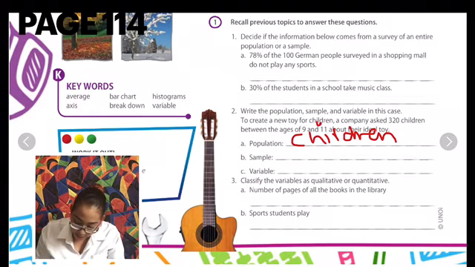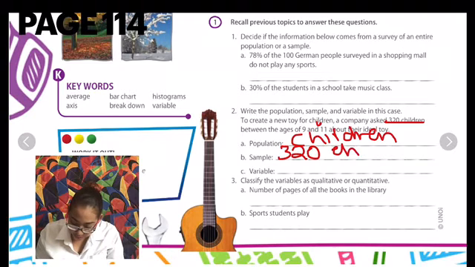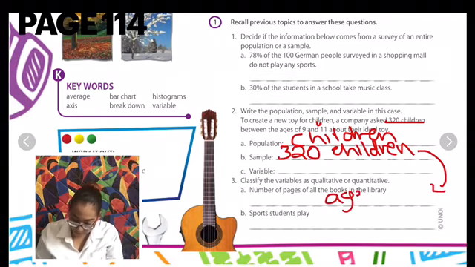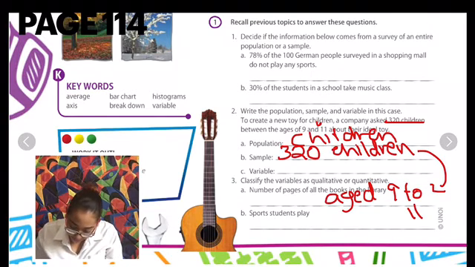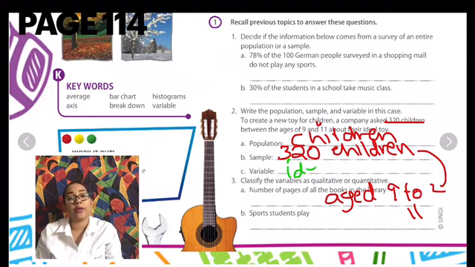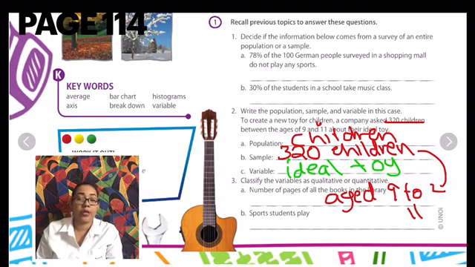They're going to ask 320 children aged 9 to 11. The variable: why are they going to make that survey? Because they want to know what is their ideal toy. That's why they're going to create this survey, and then the company is going to create those toys.